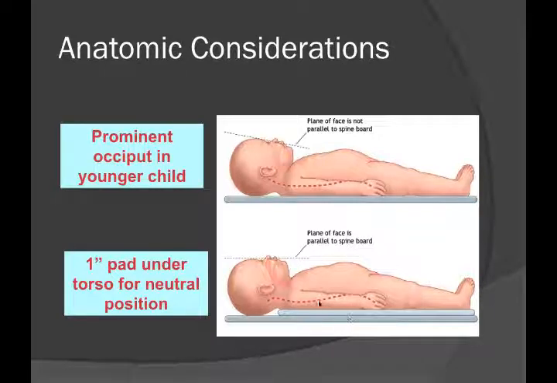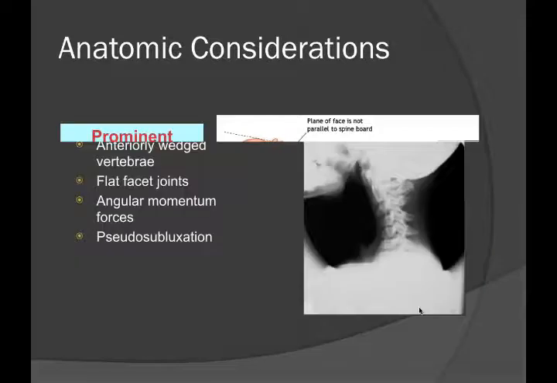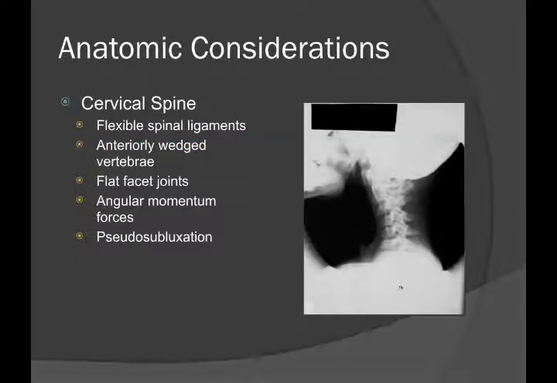Because of this prominent occiput, padding under the body can help to maintain that neutral position. In children, it can be more difficult to diagnose spinal injury because they're less likely to have bony abnormality.